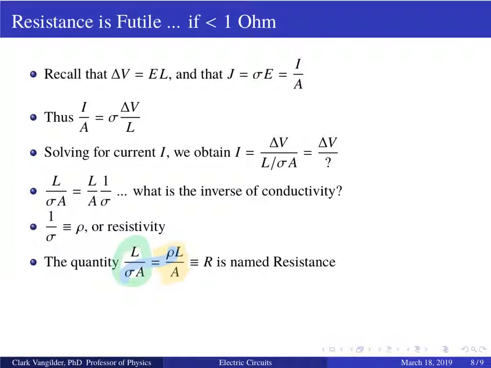So let's think about this. Let's think about a tube. All right? Resistance increases as the length of the conductor increases. And the reason for that is as you add more chunks of length, there are more things to run into. Okay?